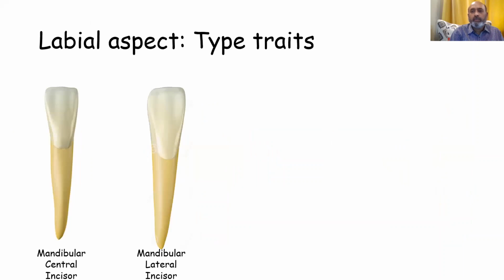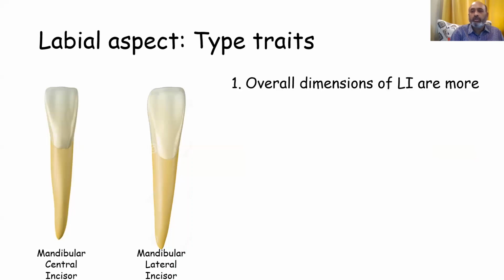Now, when we talk of the labial aspect, we're going to talk of it in terms of type traits. So here we're comparing the maxillary central, the mandibular central and the mandibular lateral incisors. The overall dimension of the lateral incisor is more than that of the central incisor.